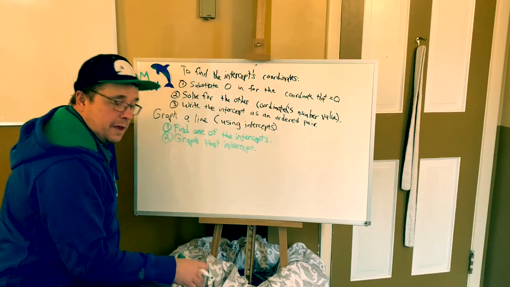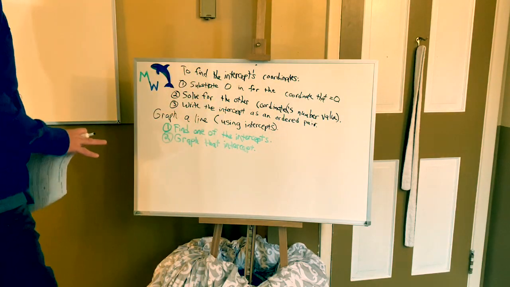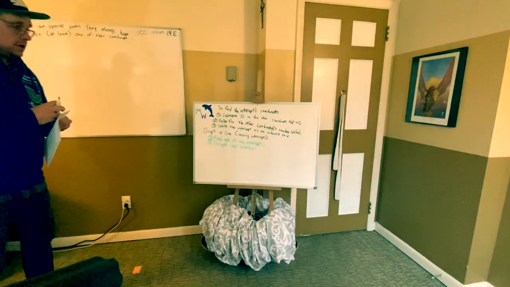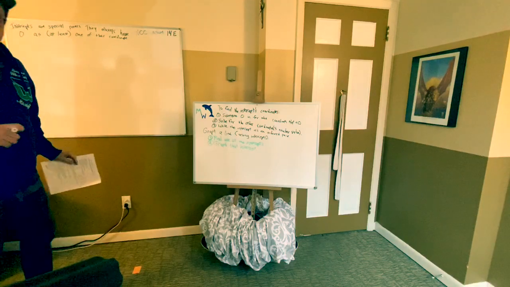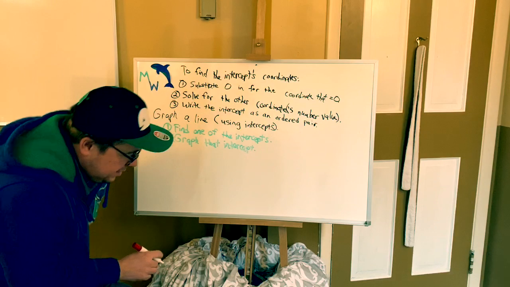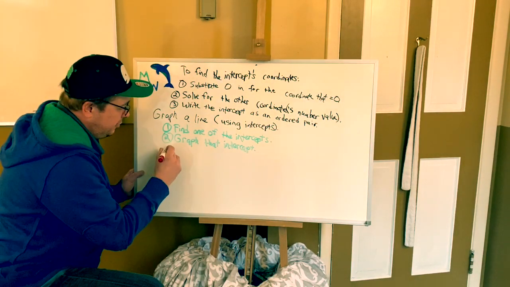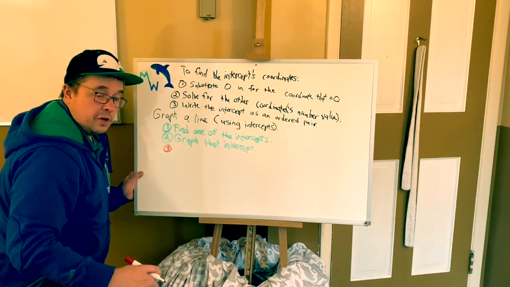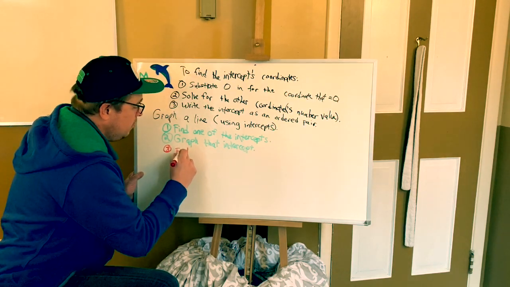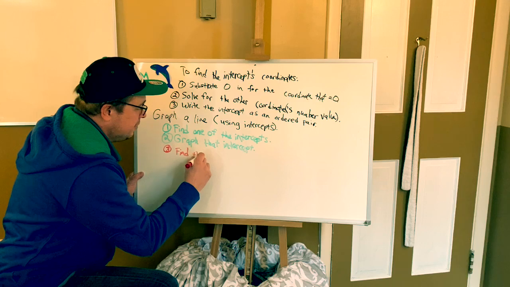Now you go reload. I'm going to reload by switching to red. You're going to find the other intercept. This up here tells you how to find an intercept. So if one case you let x equal 0, the other case you let y equal 0. I don't care which one you do first, but you need them both. So you're going to have to go find the other intercept.